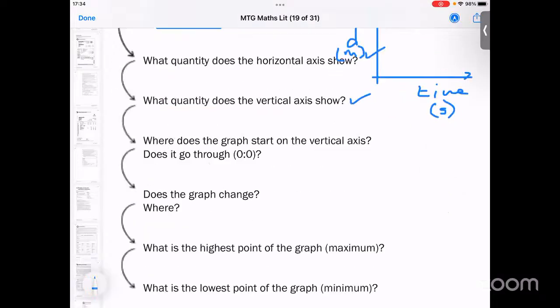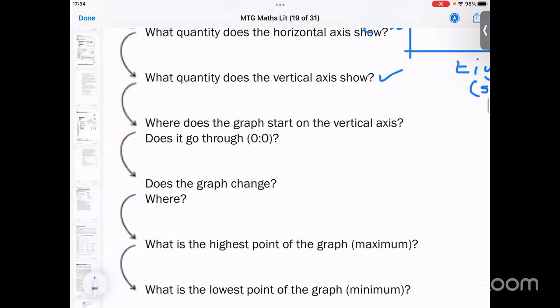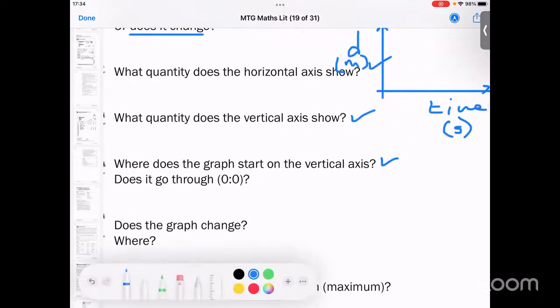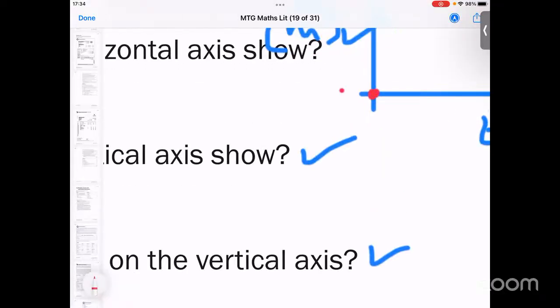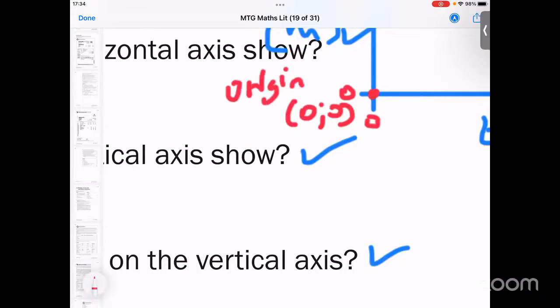Okay, another question: where does the graph start on the vertical axis? Does it go through the origin? So that 0, 0, it's actually that point over there, where that line is 0 and also that line is 0. So that's why it's written like that as 0, 0. Normally that point is called the origin, being the starting point.